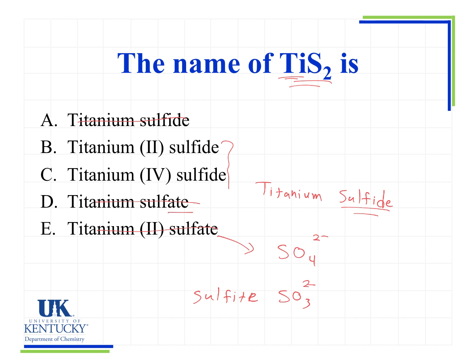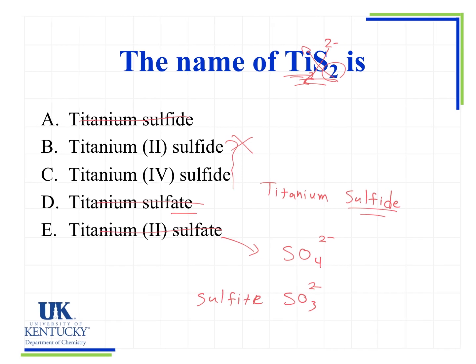If you just do the cross, you think it's 2 and you should choose B, which is not right. Why? Because we know the charge of S is 2-, right? So if we want to do the cross, we should have 2 on the titanium, but we don't have it. So why is it like that?